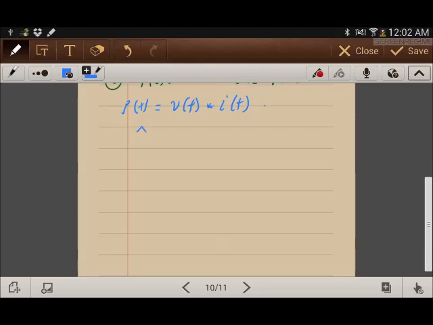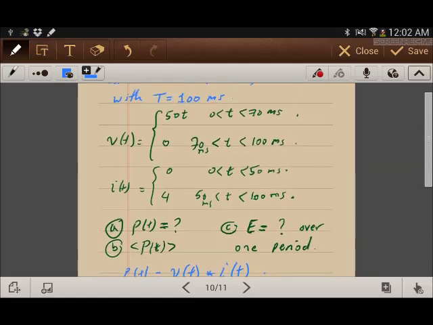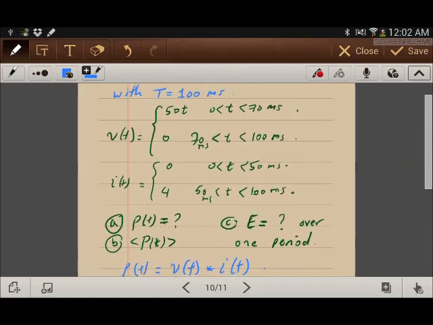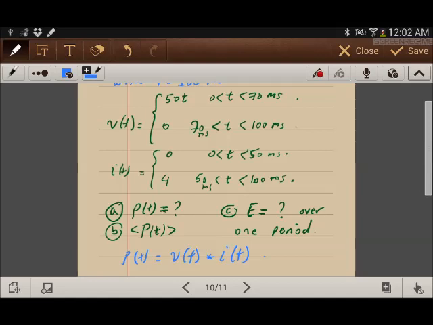So if I want to plot the voltage waveform as a function of time, this is the period, which is 100 milliseconds, and this is 70 milliseconds. The voltage is 50t when t is greater than 0 and less than 70 milliseconds.